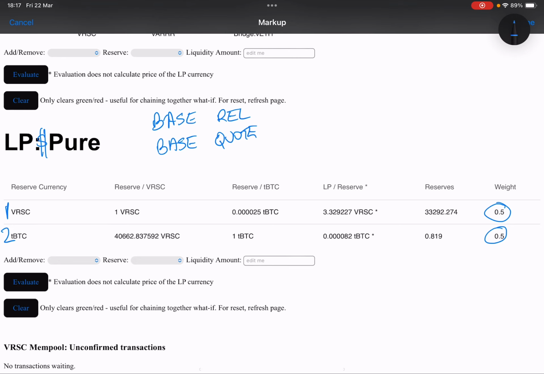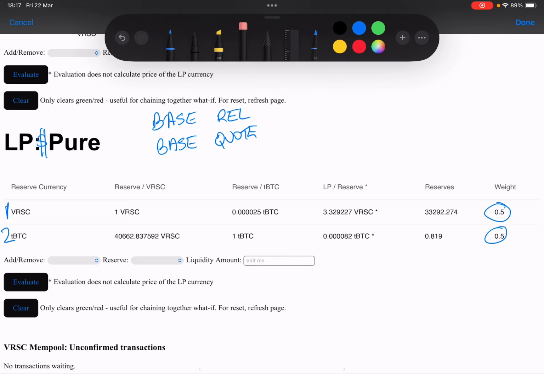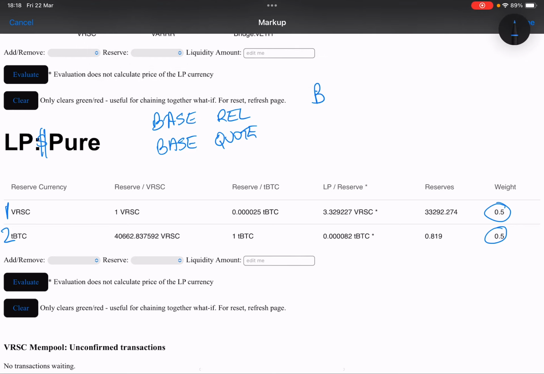This is in all trading: Forex, foreign exchange, stocks, Bitcoin. So you're familiar with, no doubt, the BTC USD notation.